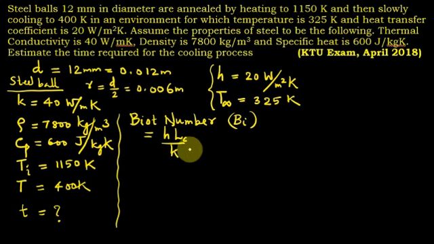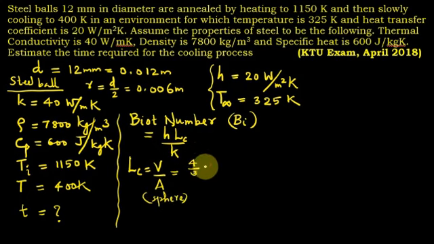So h Lc by k. And what is Lc here in this case? Lc, the characteristic length, is volume of the body divided by area of the body. So volume of the steel ball, it is a sphere, spherical shape. What is the volume?